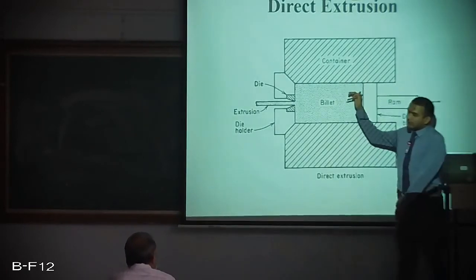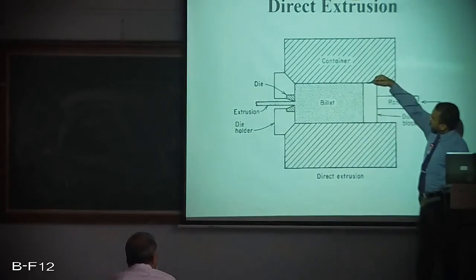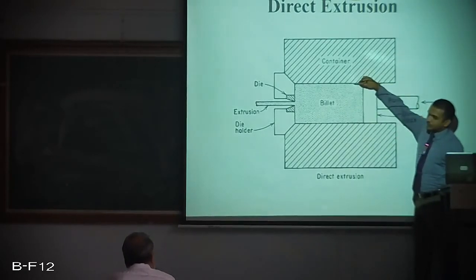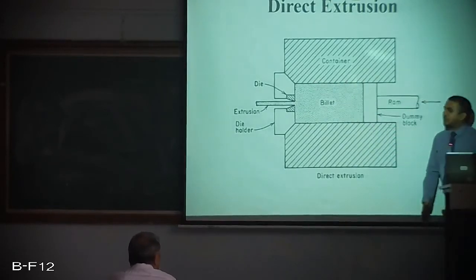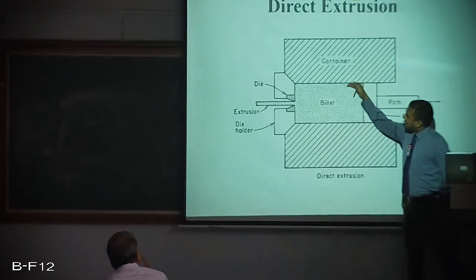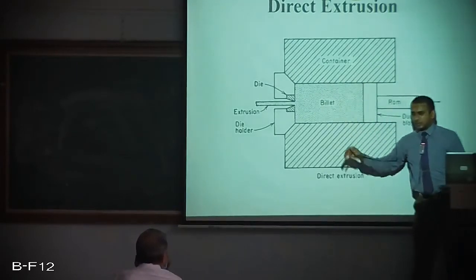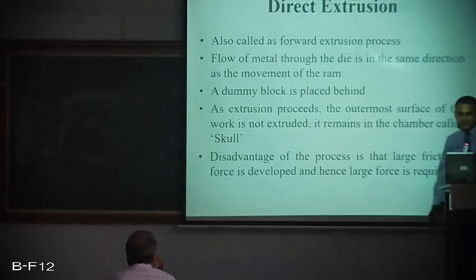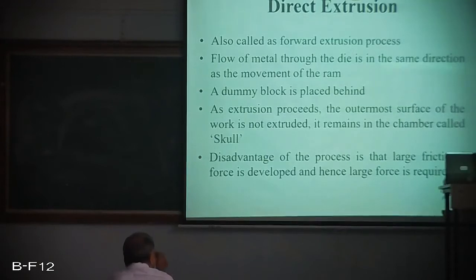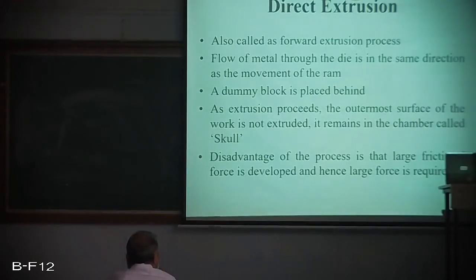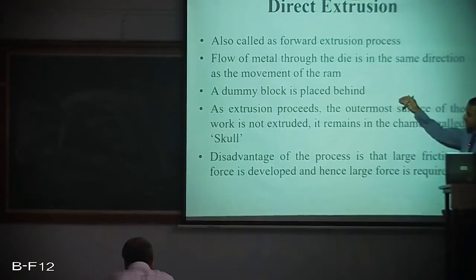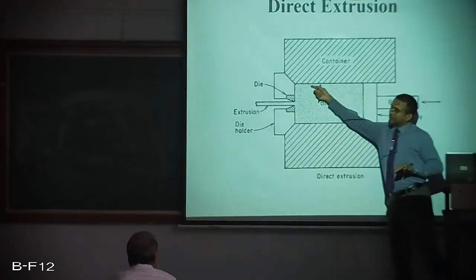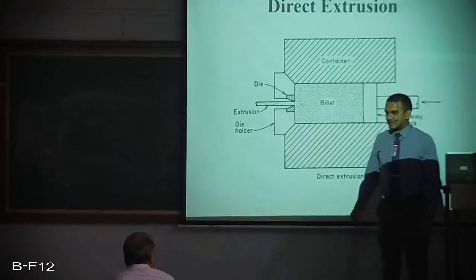So in order to reduce that, there's a small opening between the dummy block and the container. The material sticking to the inner surface of the container will be left out and the remaining portion will be extruded. This surface which is not extruded remains in the chamber, and this is called the skull. This skull will be removed using a suitable process at a later stage.